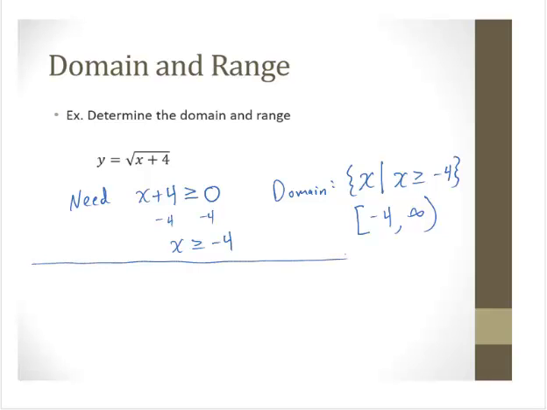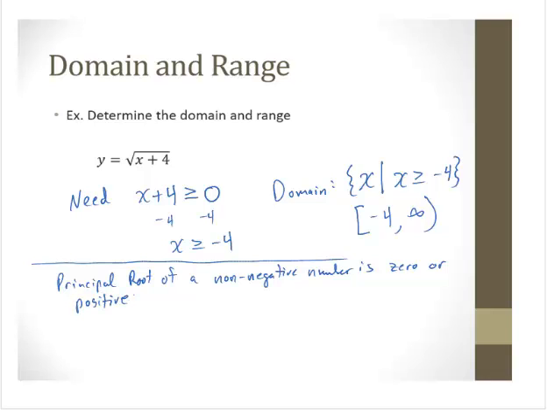Now, what about the range? Think about how a square root works. We find the principal root. Now, the principal root of a number, of a non-negative number, I should say, is 0 or positive.